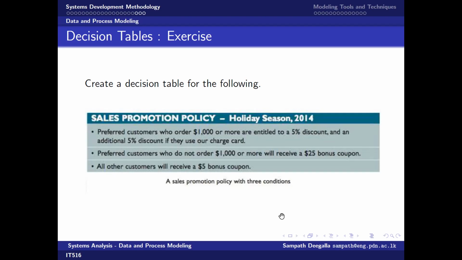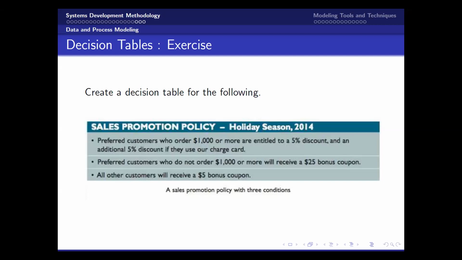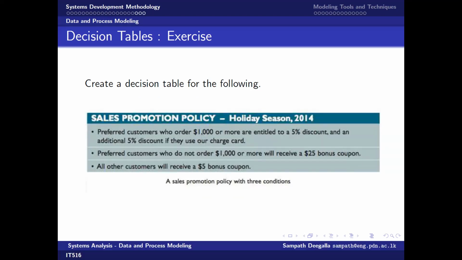Right. Okay. The first step. So you have to put up a decision table, which means you have to first see what are the possibilities. So that's the first step, right? So look at what are the possibilities in this particular case. What possibilities are there?